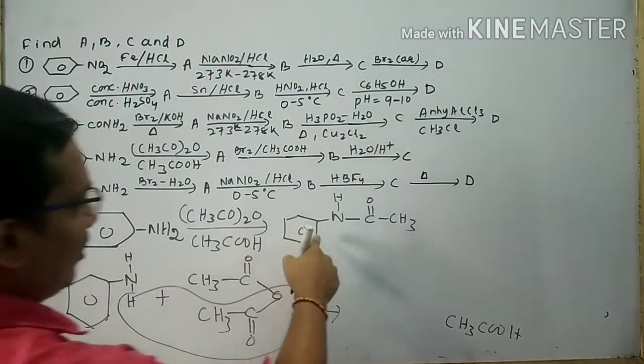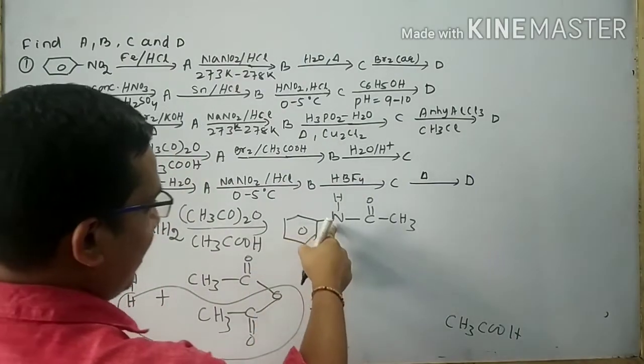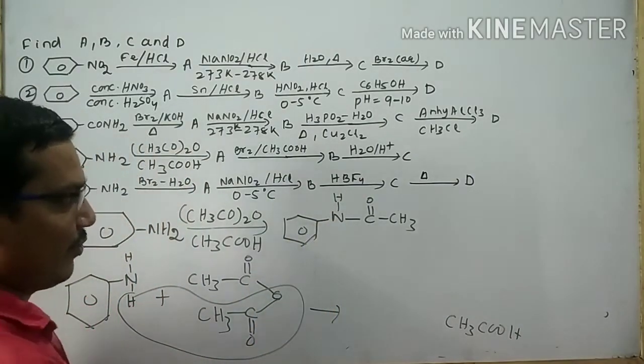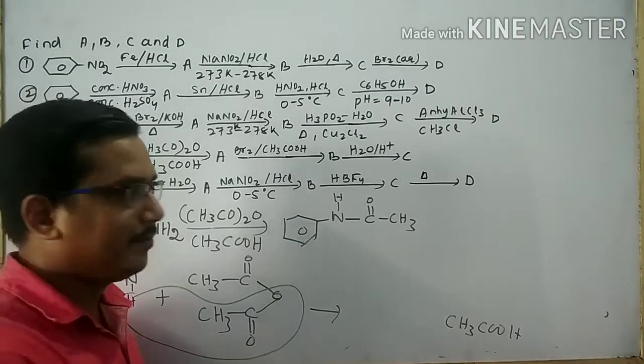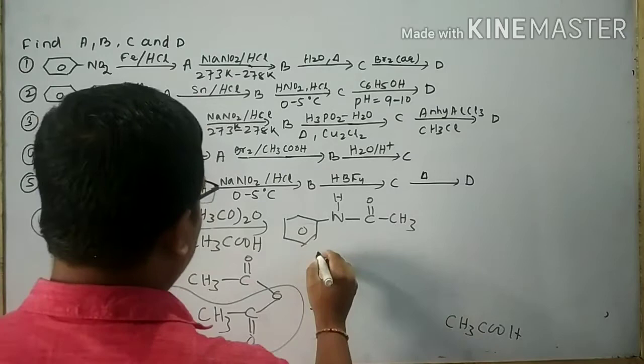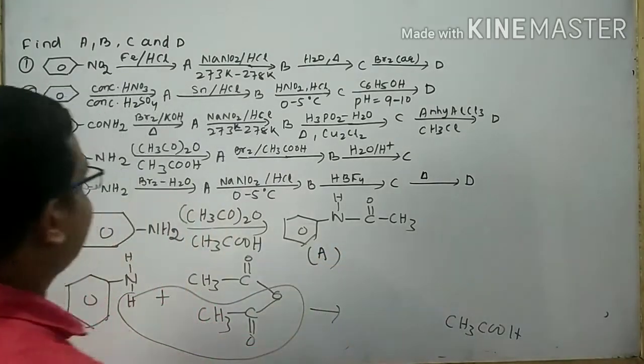This is your phenyl group, and it is attached with the nitrogen atom, so we can consider it as N-phenyl acetamide, and it is considered as your A.